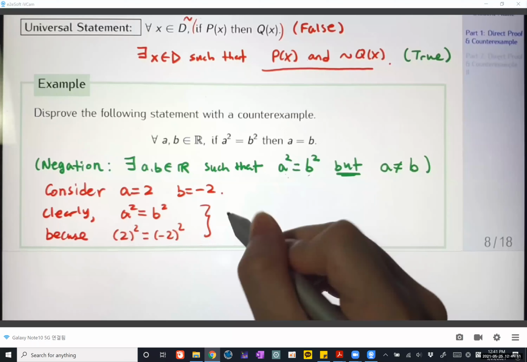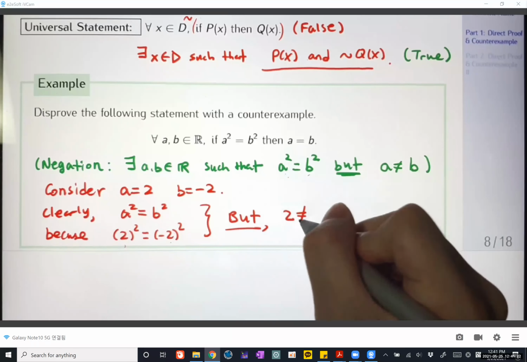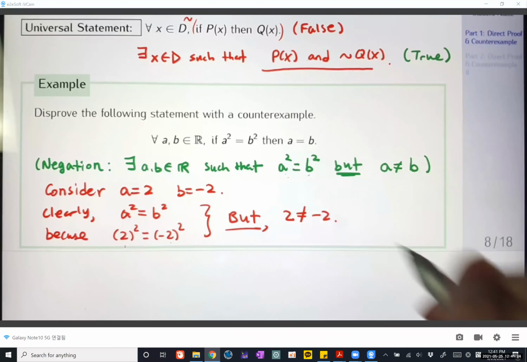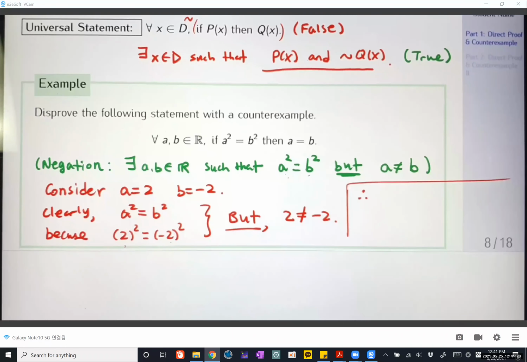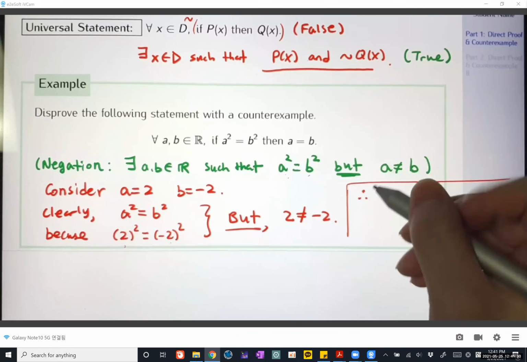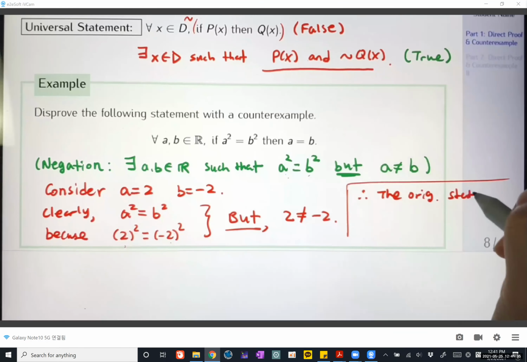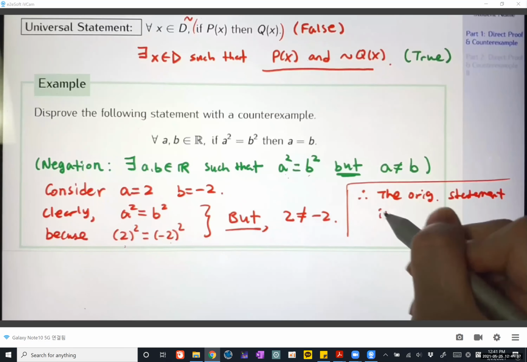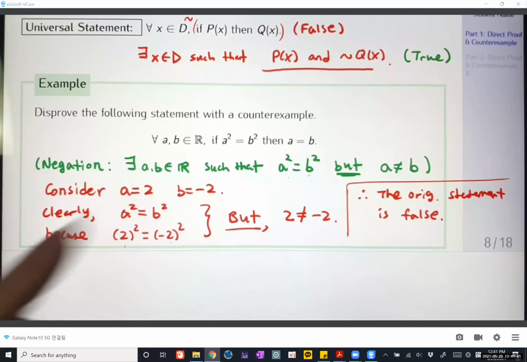But however, here's my big but. 2, which means A, cannot be equal to -2. So 2 does not equal -2. So what is the answer, everyone? Therefore, the original statement is false. And we've proved that using one example, a counterexample.